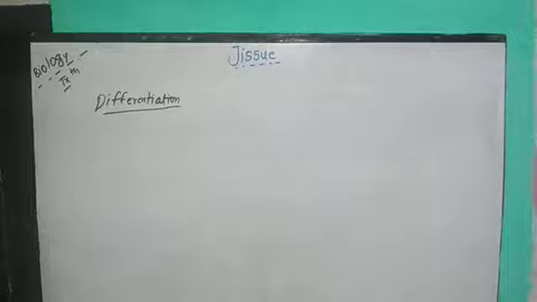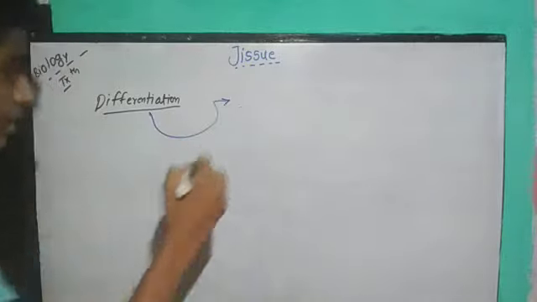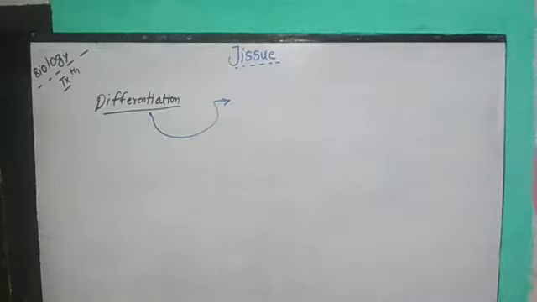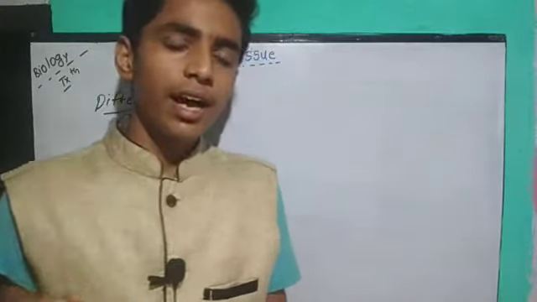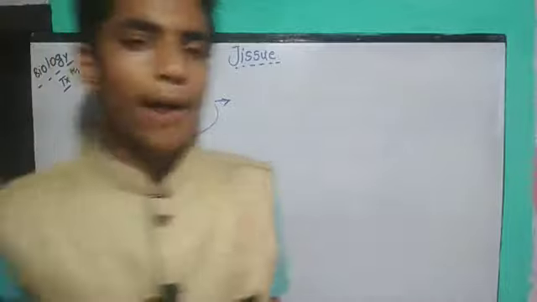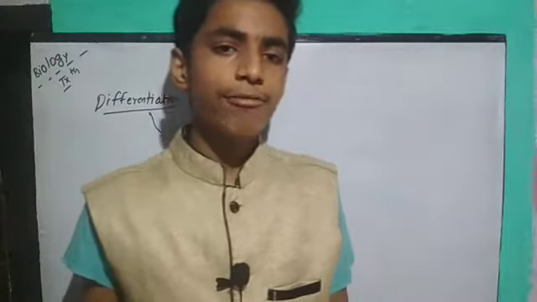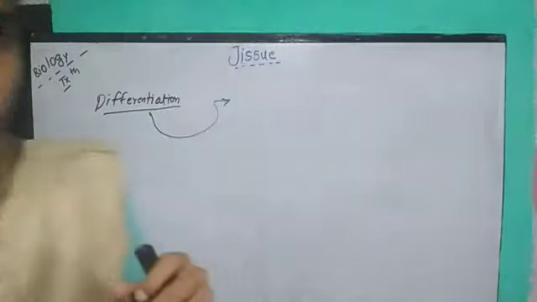Differentiation is the type of process involved in the formation of permanent tissue. Actually, a process by which meristematic tissues group together and they lose the ability to divide, and finally they form the permanent tissue. So how can we define it?